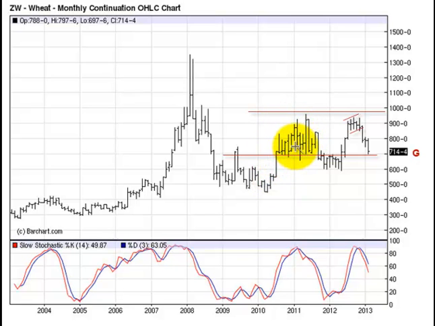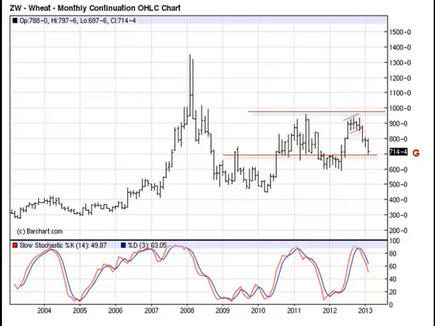And between the years 2010 to 2012, $7 became support. Price did break down a little bit below support, and that $7 again became resistance. And last summer, during the drought period, the market broke through that resistance area and found resistance at the $9 area.